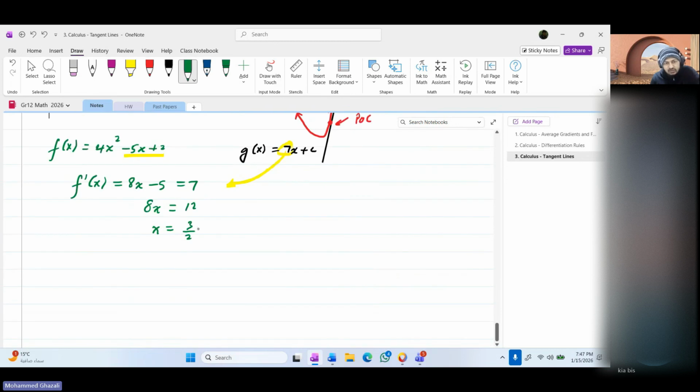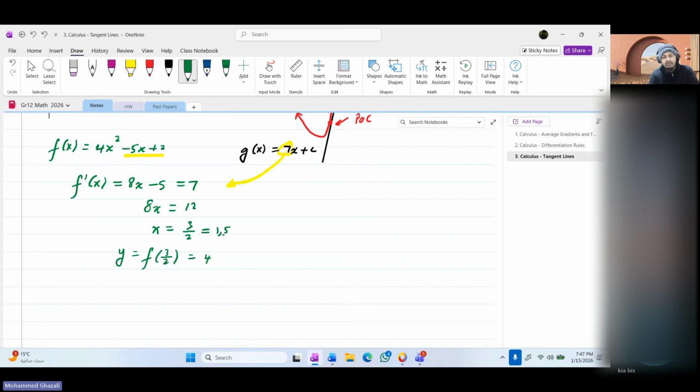Now, if the x value is 3 over 2, what's the y value? You're going to take this x value and put it into the original function. So f of 3 over 2 is 4 times 3 over 2 squared. Put it into the calculator; take 3 over 2 as 1.5. So 4 times 1.5 squared minus 5 times 1.5 plus 2.